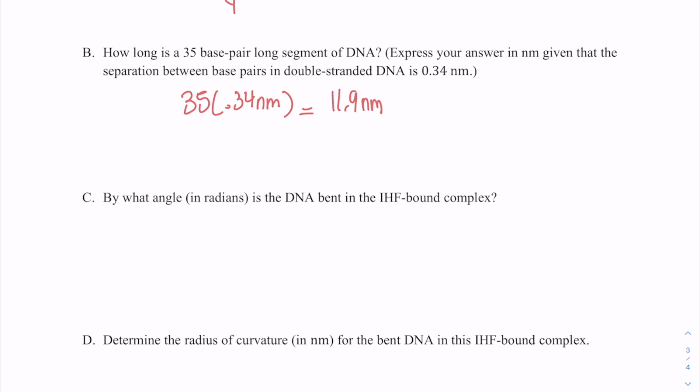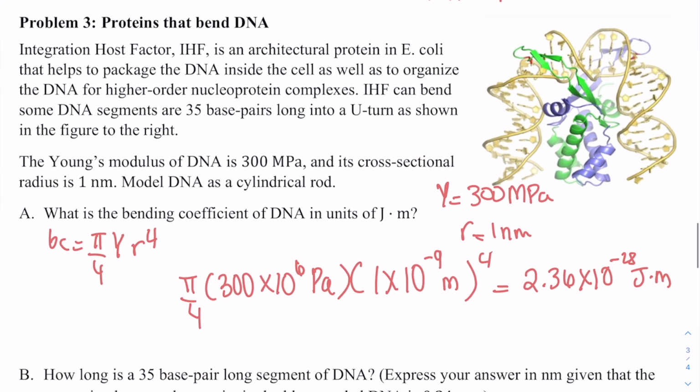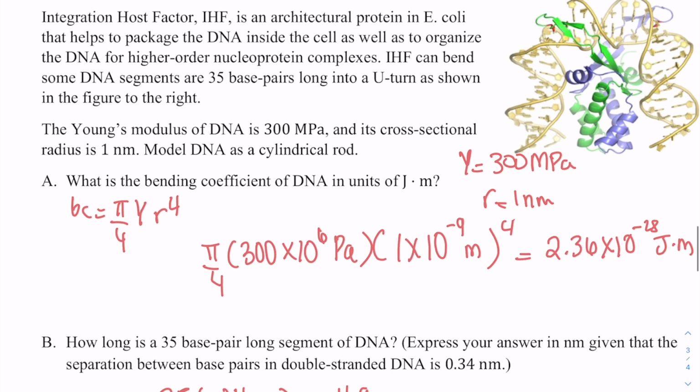Yep, that makes sense. So that U-turn would be exactly half of a circle, and that's 180 degrees out of 360. Yep, that's the one.